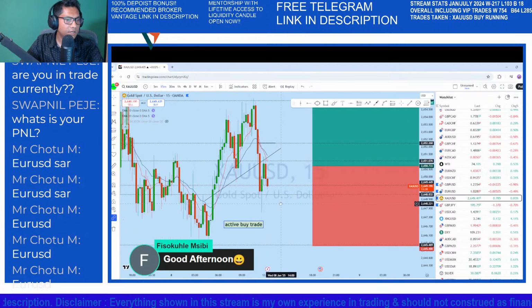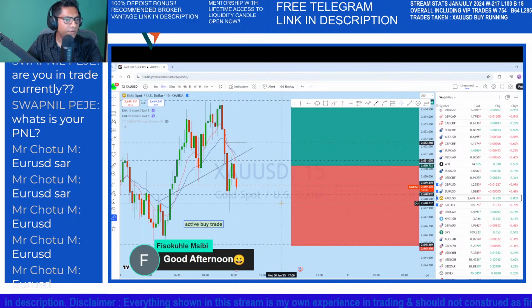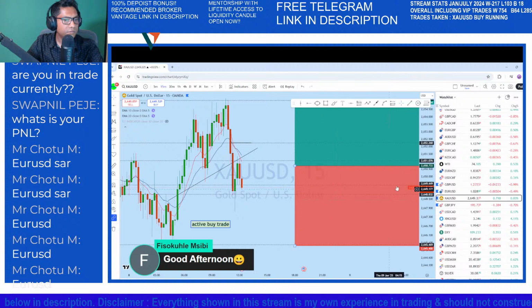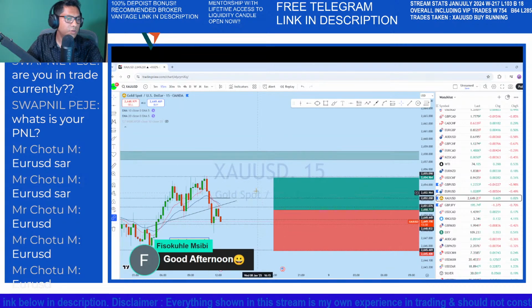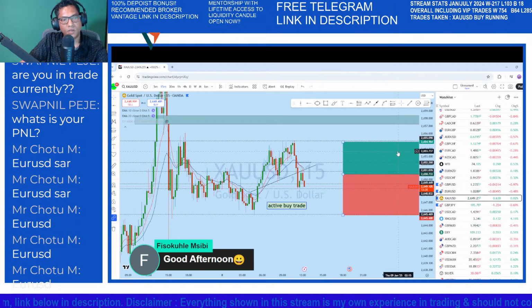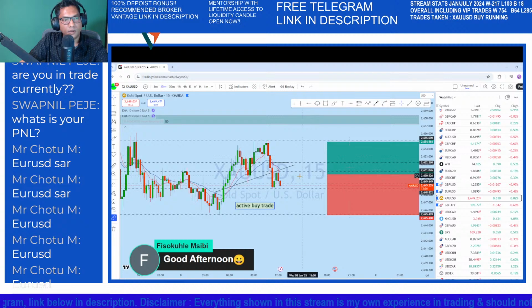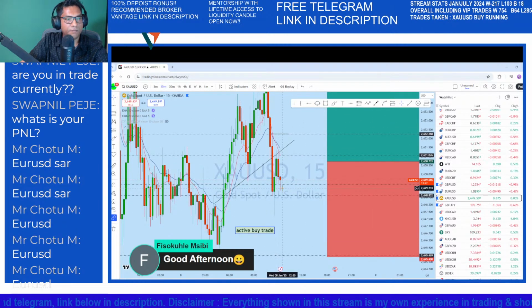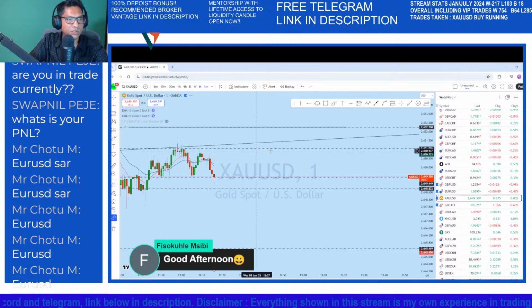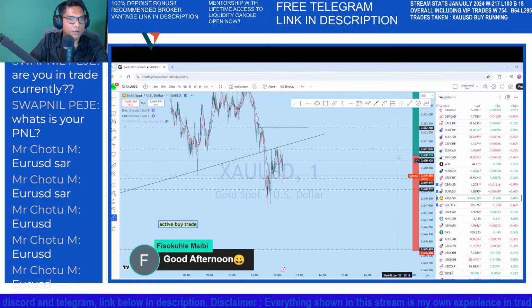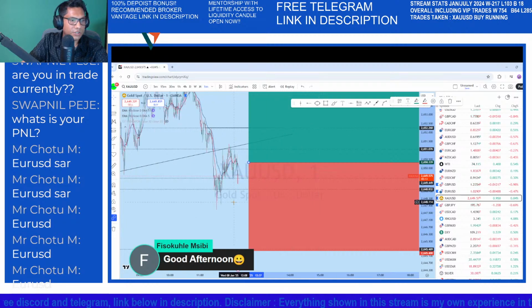Okay, so the candle closed here, 15 minutes. It looks to me this red candle is bearish, but the overall trend is bullish. So we'll see what's happening. Be patient here.